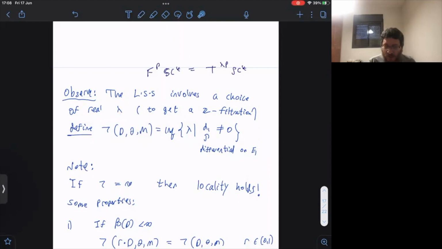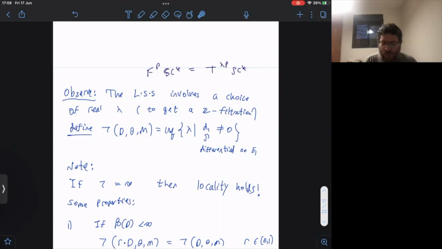It's just some choice. So you can define an invariant of the triple, where you have D, its primitive, and the ambient space, and you look at the smallest lambda for which you will have a non-trivial differential on the first page. So that's a number that you can definitely define.